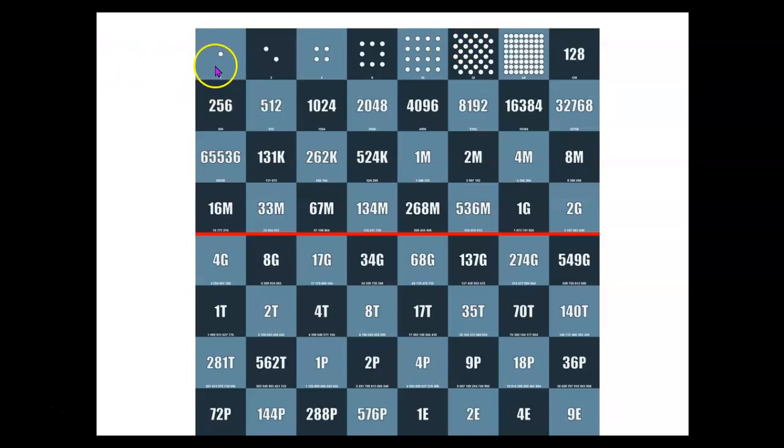Then at the end of 8 weeks, you'd have 128 people infected. At the end of 8 more weeks, you'd have 32,768 people infected. At the end of 8 more weeks, you'd have 8 million people infected.